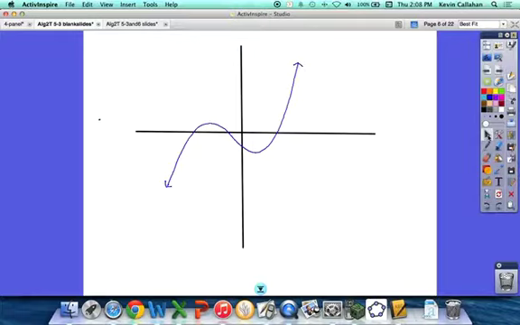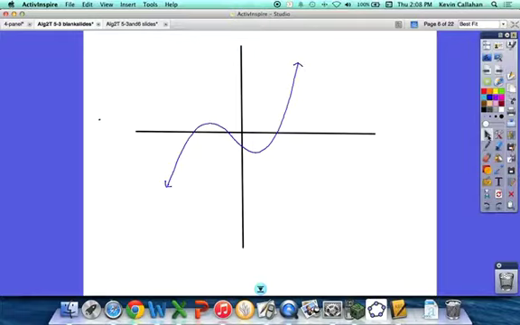Which means one x-intercept, because just the shape of this graph, with end behavior down on the left and up on the right, somewhere in the middle it's got to cross the x-axis. That's why you have to have one, right? But you could have 1, you could have 3. Those are the possible situations for a cubic polynomial.